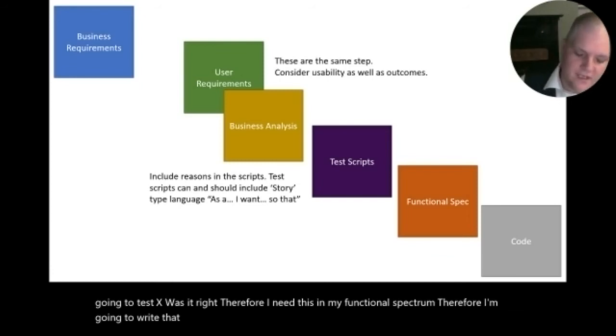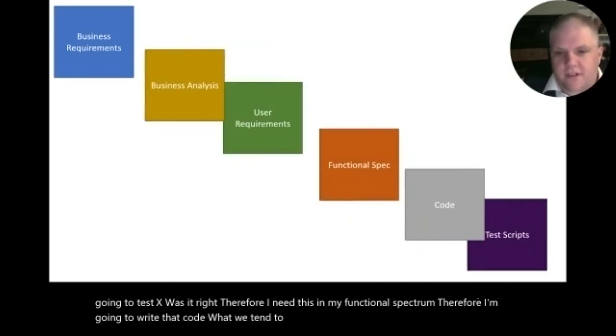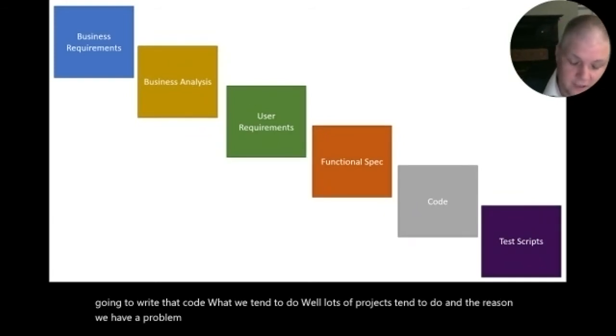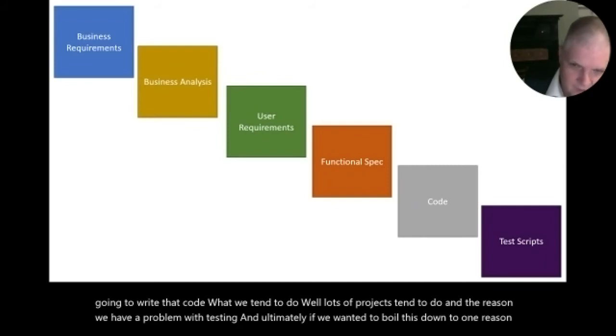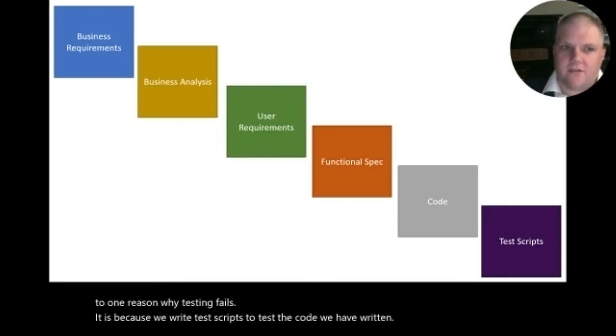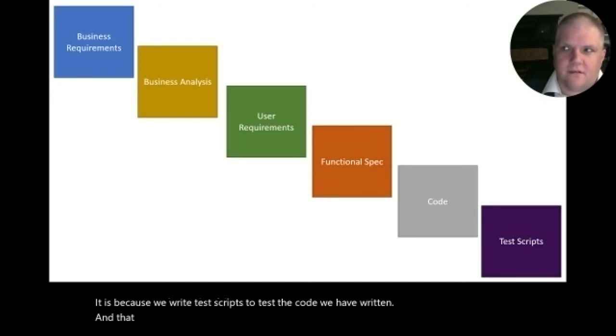What lots of projects tend to do, and the reason we have a problem with testing, and ultimately, if we wanted to boil this down to one reason why testing fails, it is because we write test scripts to test the code we have written. And that is not going to work.